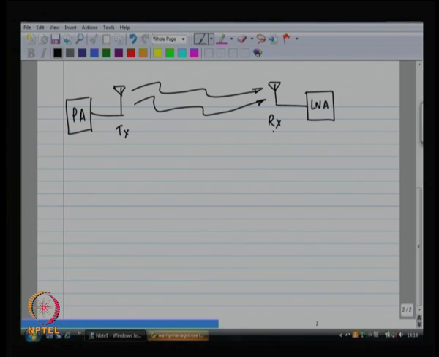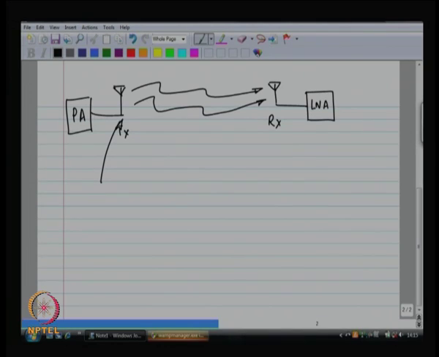Now, the transmitter antenna has a certain characteristic impedance. So, we are going to talk about this today. What does this mean? So has the receive antenna, it has a certain characteristic impedance.